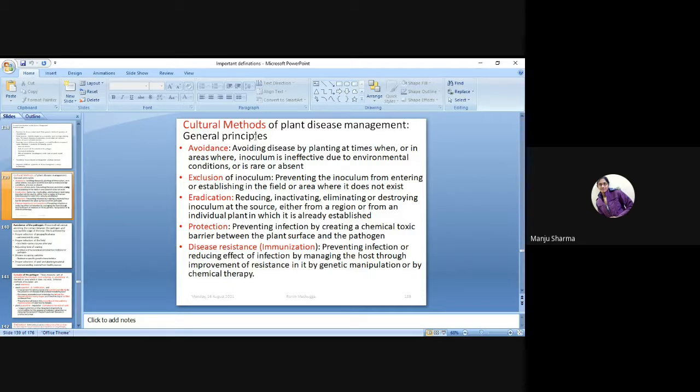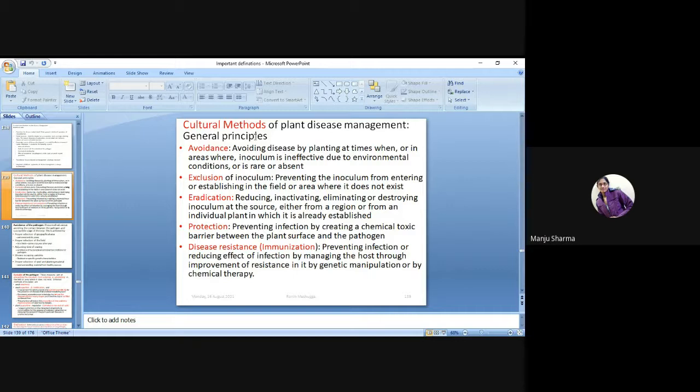Exclusion of inoculum, preventing the inoculum from entering or establishing in the field or area where it does not exist. Eradication, like reducing, inactivating, eliminating, or destroying inoculum at the source, either from a region or from an individual plant in which it is already established.